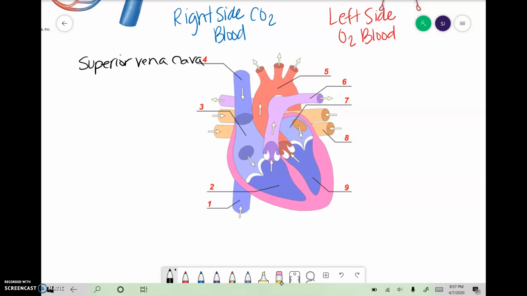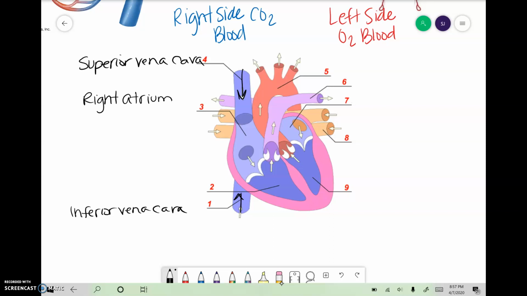Okay, and then we have the inferior vena cava. Both of these are carrying blood from the upper and lower parts of the body, and these blood vessels carry blood into the right atrium.